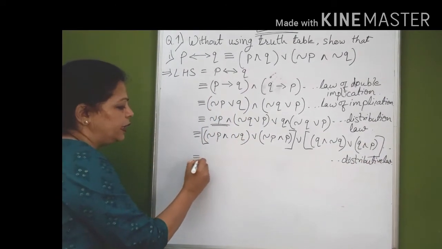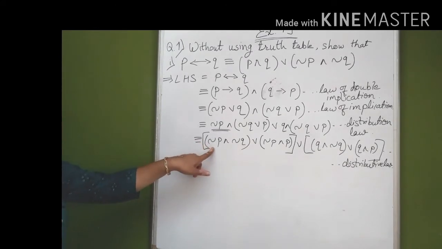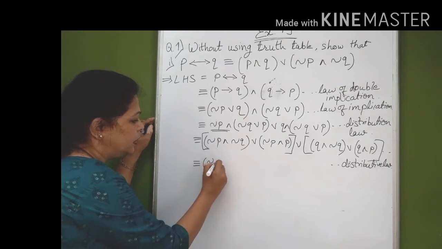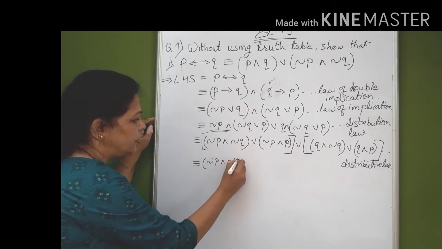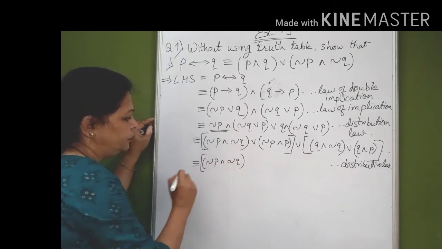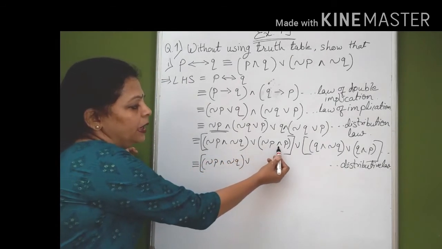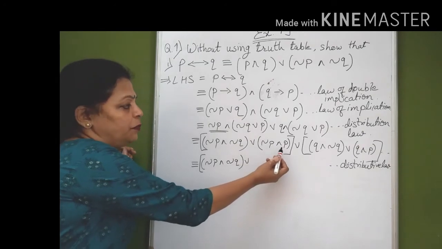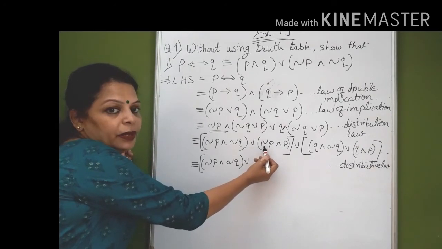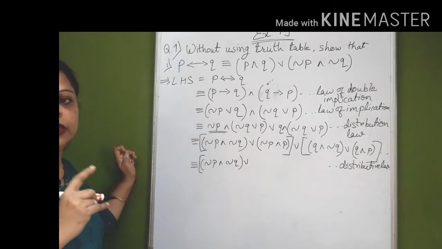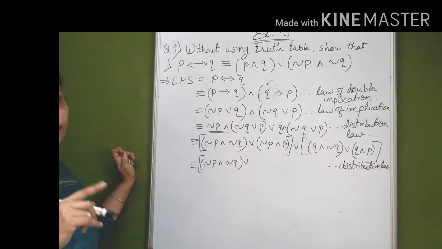Now see, negation P and negation Q, we'll write as it is. Or now over here, negation P and P. Suppose P is true, negation P will be F, or if P is F, negation P will be true, and true and false is false.